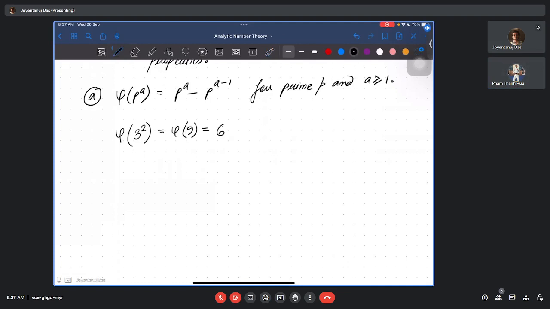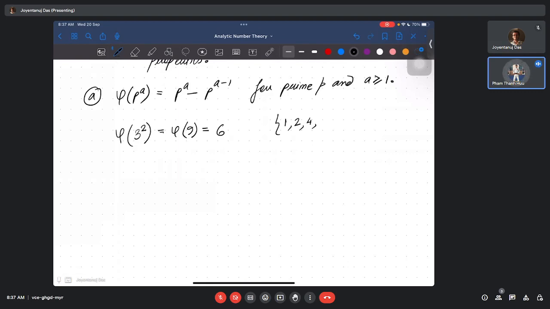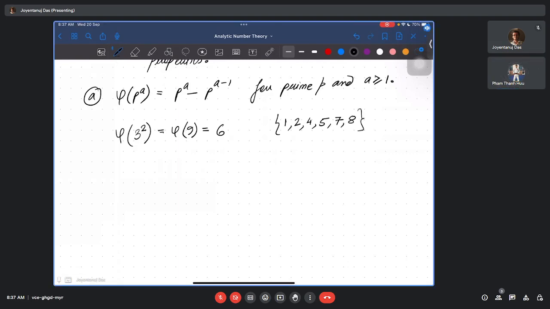And if I take the formula, the numbers coprime to 9 are 1, 2, 4, 5, 7, 8.